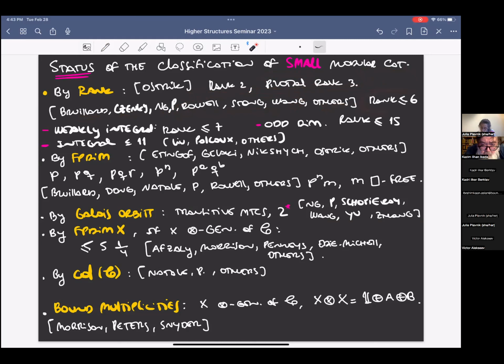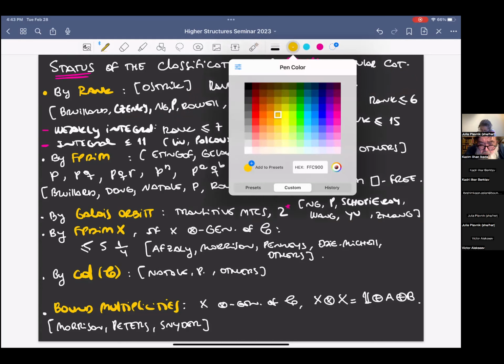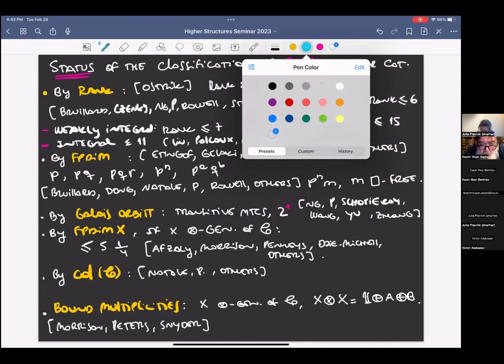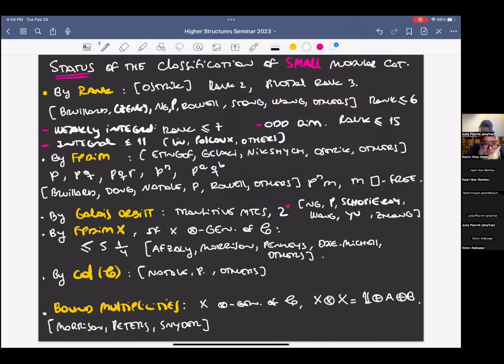And I should have said here, because he has done a lot of good work on this, and he's a physicist actually, so maybe let me add here, Xiao-Gang Wen. He has a lot of interesting things, and now they push classification up to rank 6. Still, imagine it's not that far, but I have been in communication with some of the people like Eric and Xiao-Gang, and they say they probably will be able to push it soon to maybe up to 11, or maybe a little bit more. So it's not a lot what we know for general modular categories.